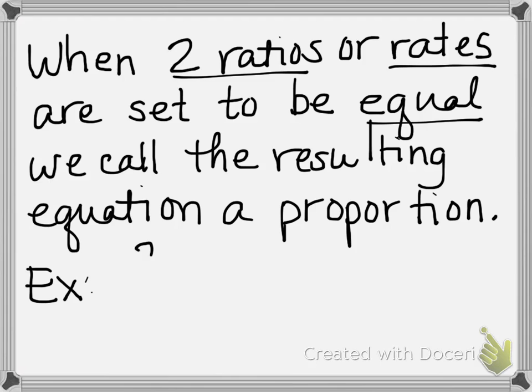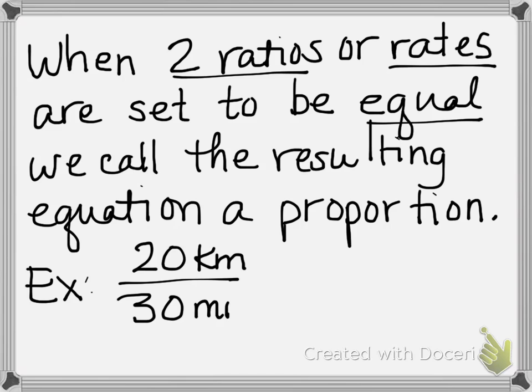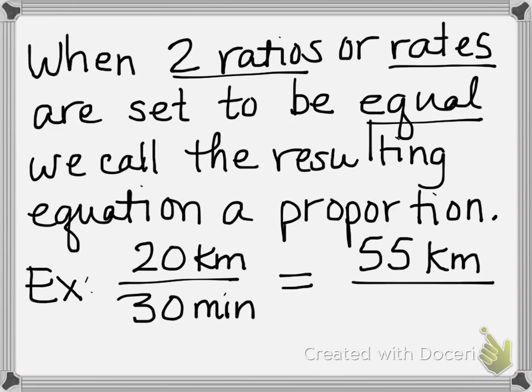For example, if you have 20 kilometers in 30 minutes, that's a rate, and you have equals, and then you have another rate, and you could have a variable on the bottom.